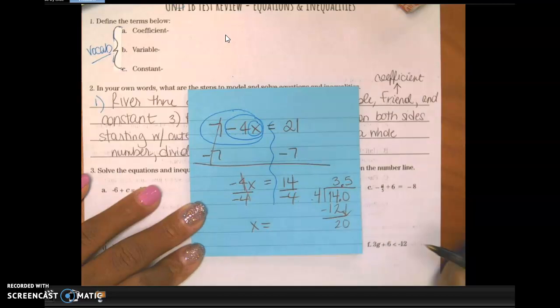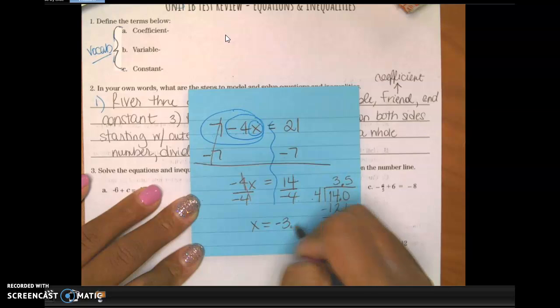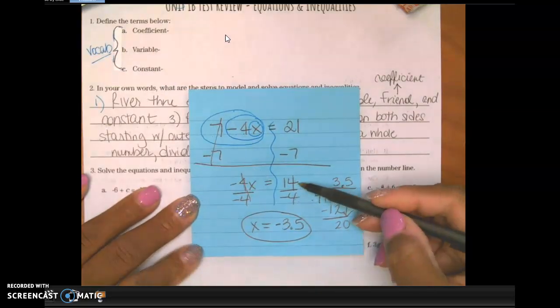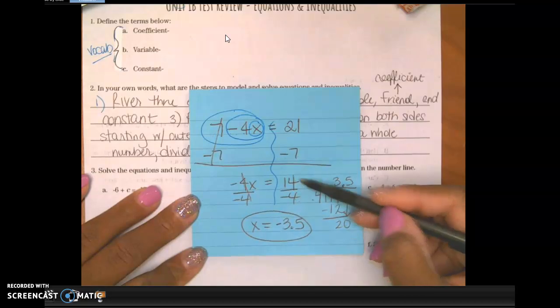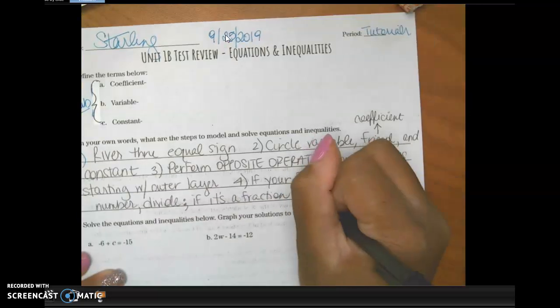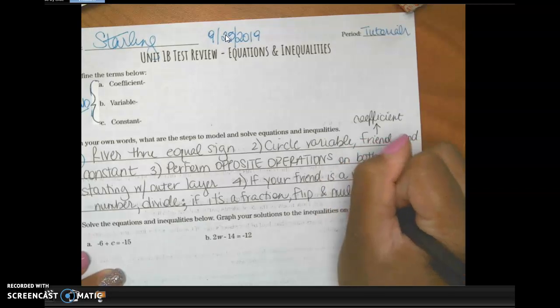So 3.5. Oh, negative 3.5, because of what rule? Same signs are positive, different signs are not. Now if it's a fraction, I have to flip and multiply. Multiply by its reciprocal.